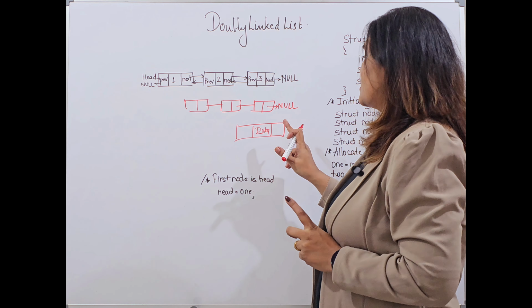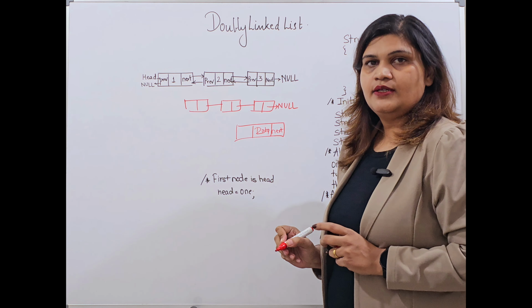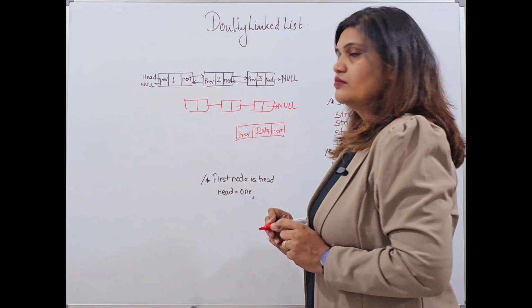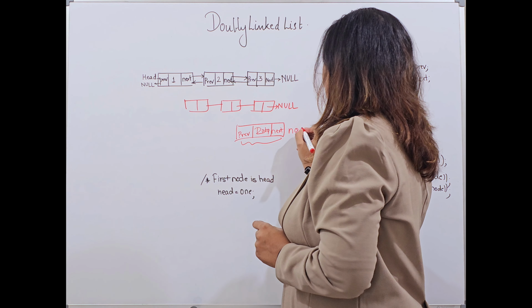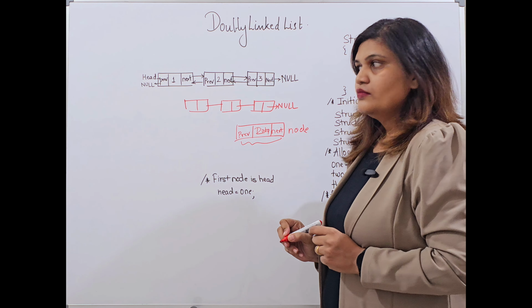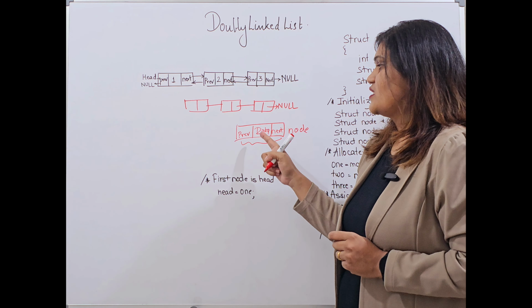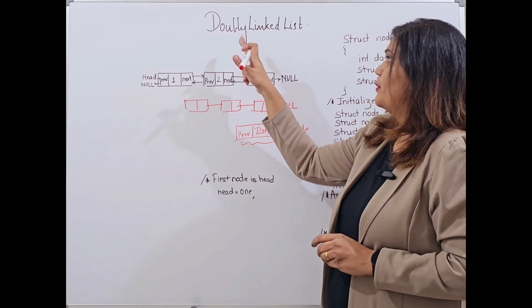This part is the same as in your singly linked list, that is next, and this part is your previous. Okay, this is your node. Earlier your nodes were only data and next. Now you have a node which has previous, data and next. That's how your doubly linked list is looking.